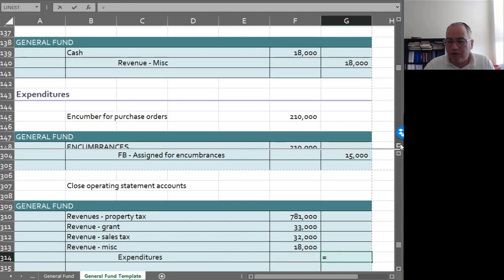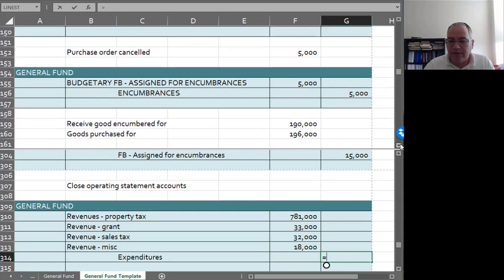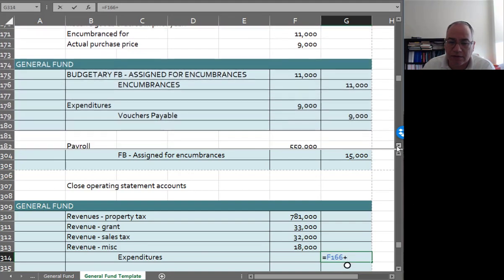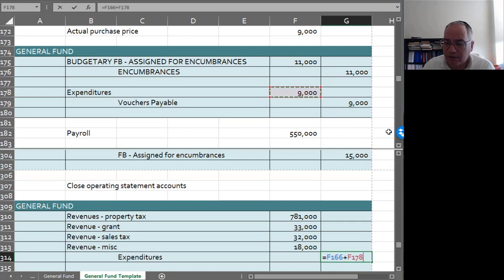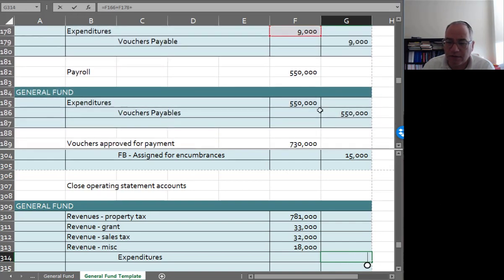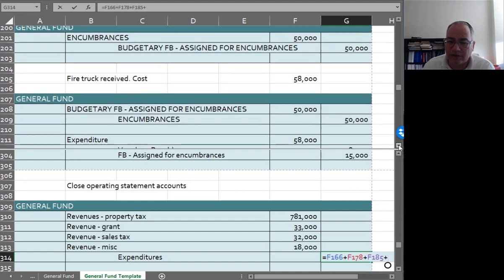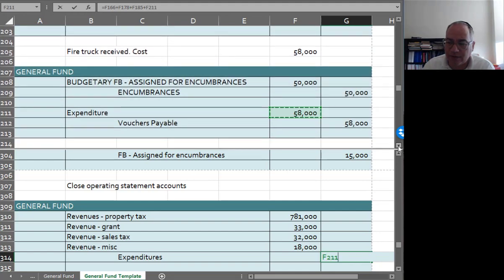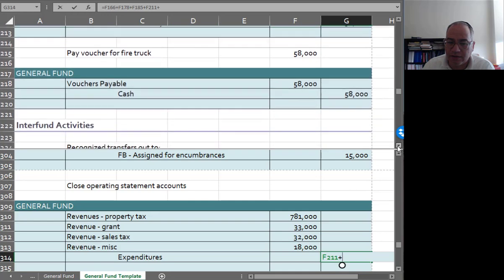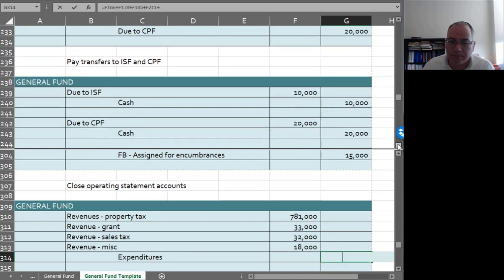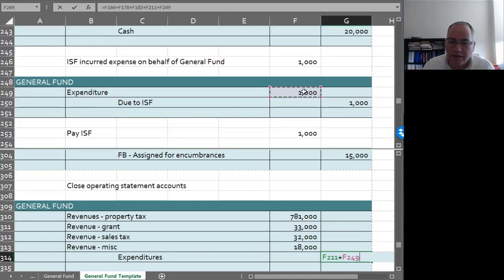We have expenditures of, let's see, 196 plus 9,000 plus 550 plus, we have that fire truck, right? 58,000 plus 1,000.